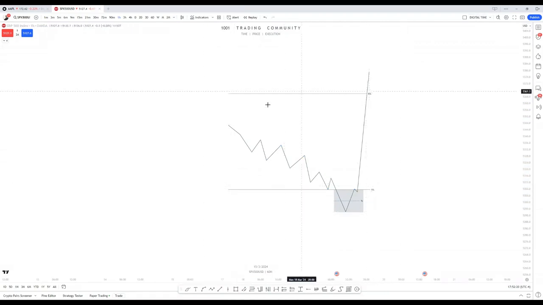Now, on the 1 minute chart, it might look like this, right? And there is some form of sell-side liquidity down here. Market makers, institutions, smart money, they're going to want to take out that low to fill in the orders, as I mentioned, and that's your turtle soup right here. And they're going to drag it towards their target.